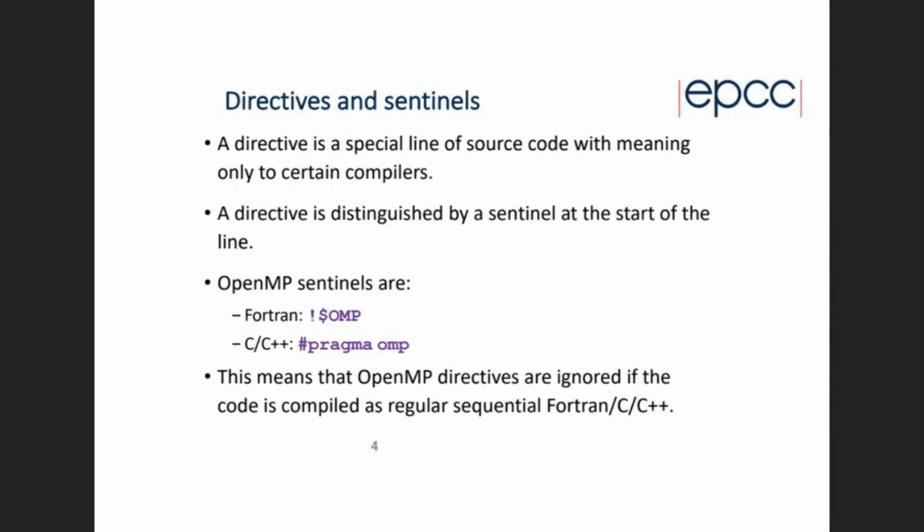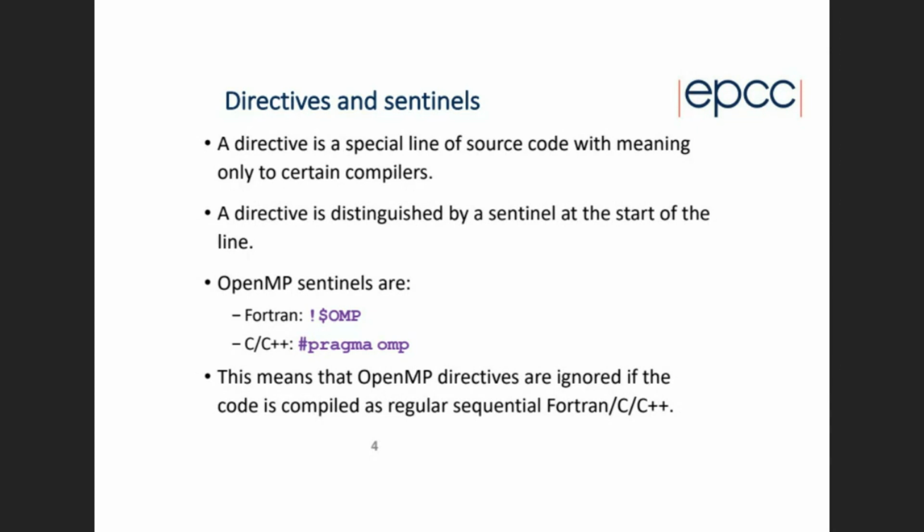Okay, but let's start off with directives, because most of the API is in fact directives. A directive is effectively a special line of source code with meaning only to certain compilers. It's designed to be extra lines of source code that can be activated, in this case, by compiling with an OpenMP-aware compiler.